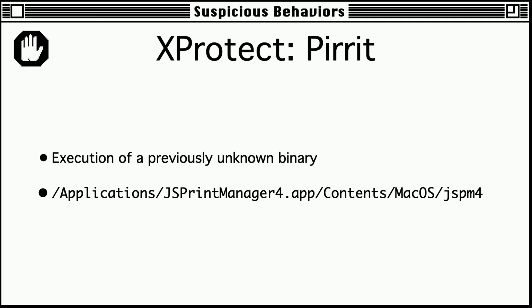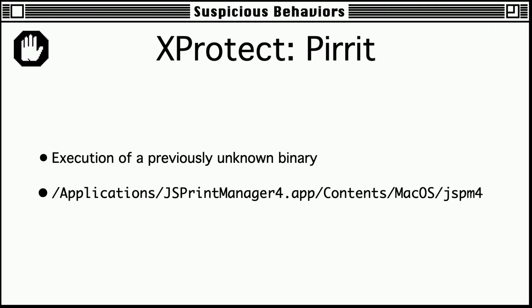We actually can see what's going on from XProtect. And I've always wanted to see what was going on behind the scenes with XProtect. What is it actually detecting? Because it's so quiet, you don't typically know what's going on with XProtect.